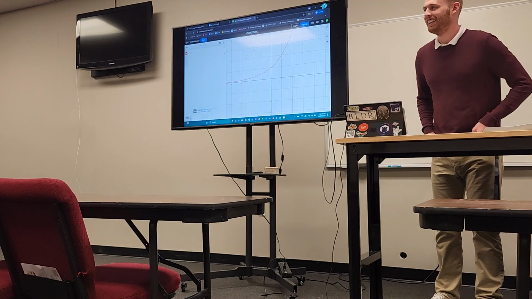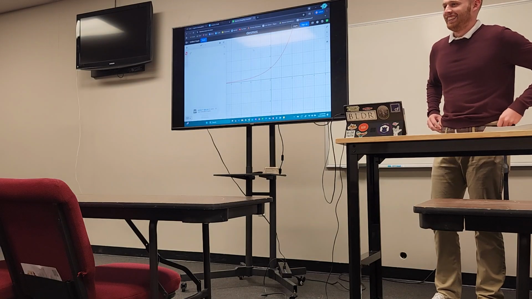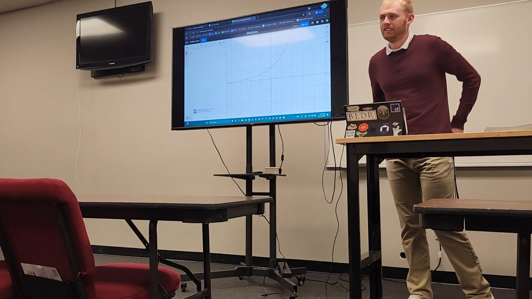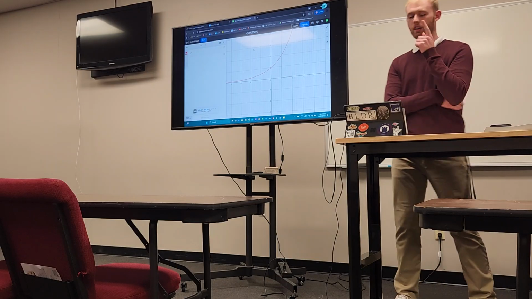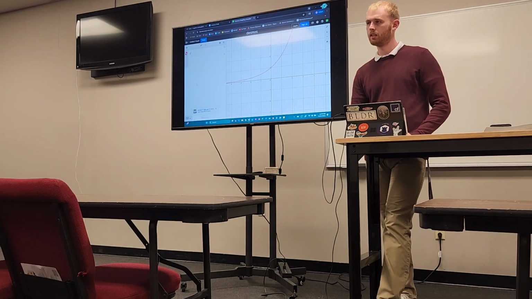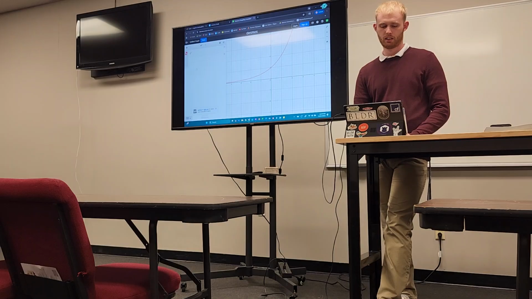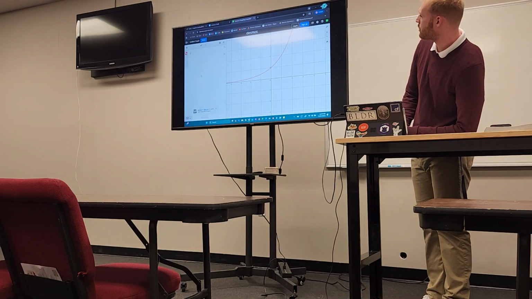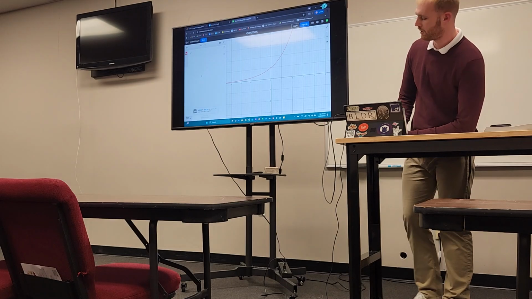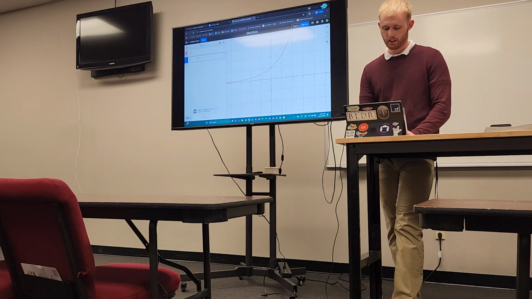I didn't think I was going to know it. They're all increasing. Not always, because you can have a negative exponent, and that's when you would have the decreasing.